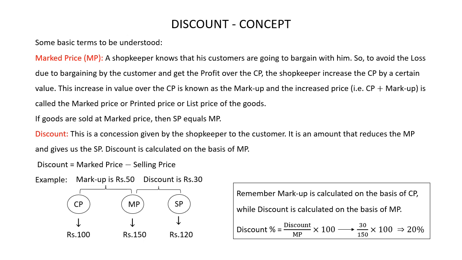Now in this transaction the discount is rupees 30 and marked price is rupees 150. Substituting these values in the formula here, we get discount percent is equal to 30 divided by 150 multiplied by 100, which is 20%. So discount percent is 20%. Hope you have understood the concept of discount here.